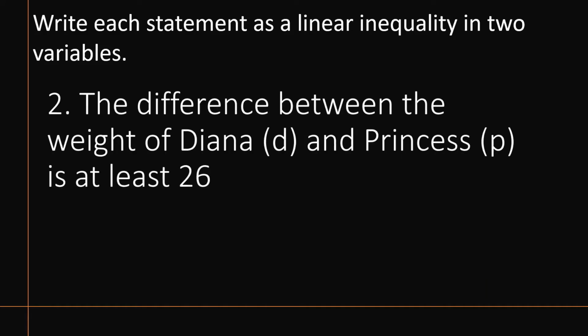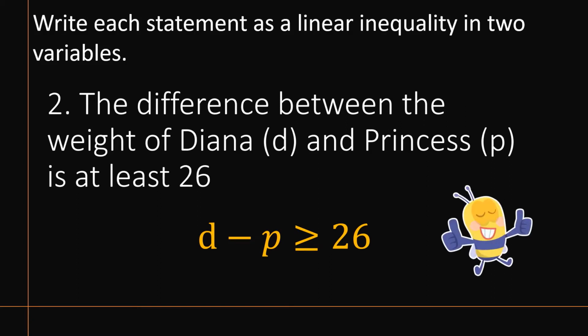Number 2. The difference between the weight of Diana D and Princess P is at least 26. If your answer is D minus P is greater than or equal to 26, then you are correct.